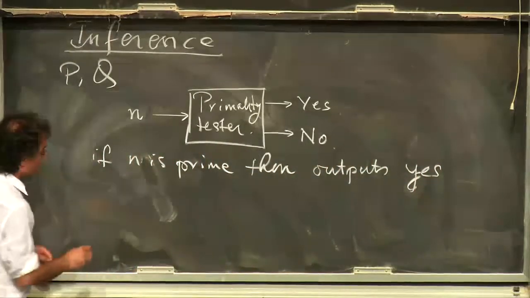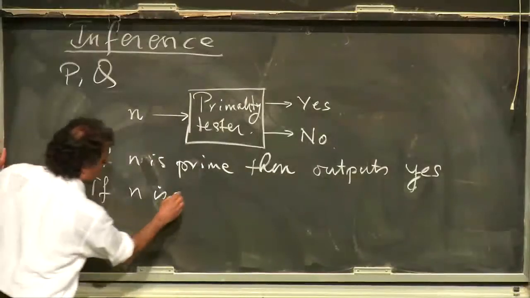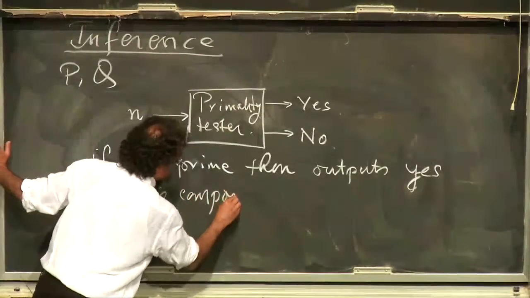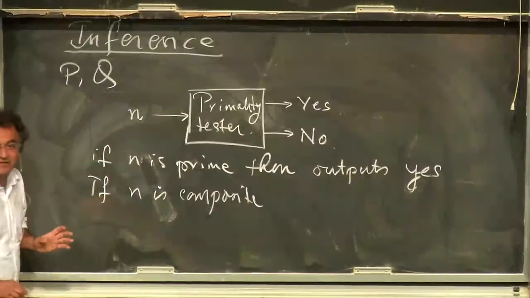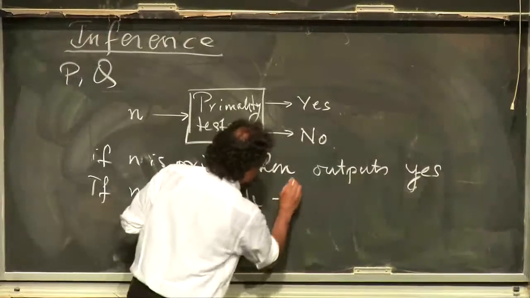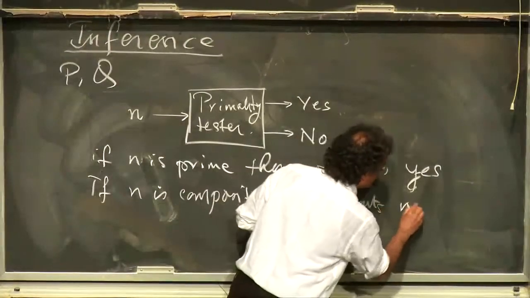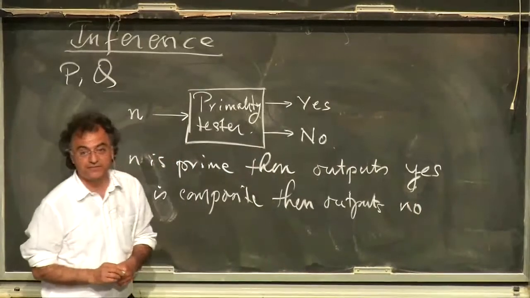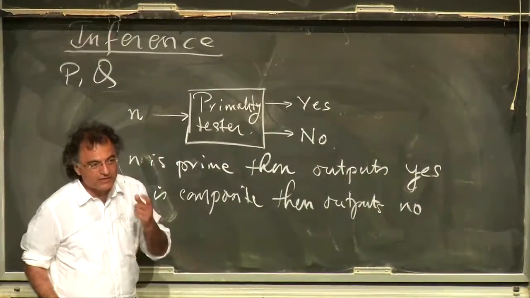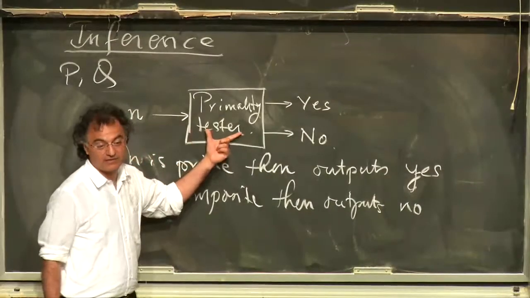But if n is not prime, if it's composite, then it doesn't always say no. It outputs no with some probability, and what that exact probability is depends upon how long you let this program run.